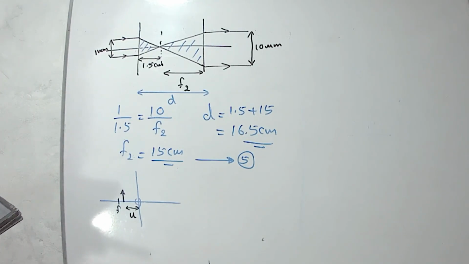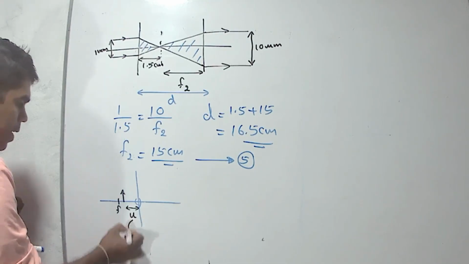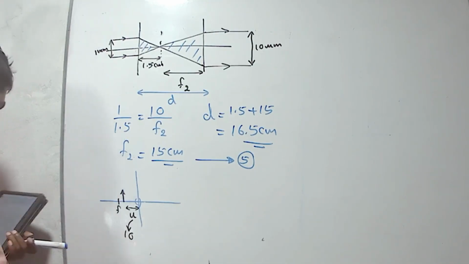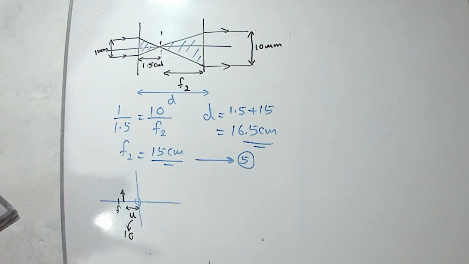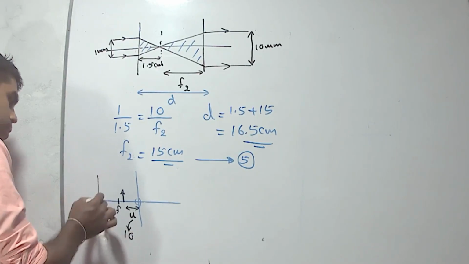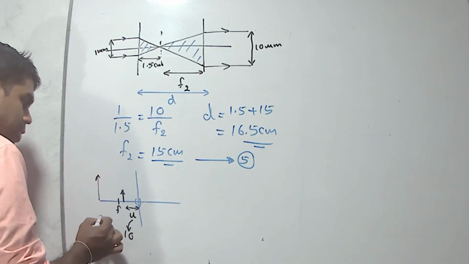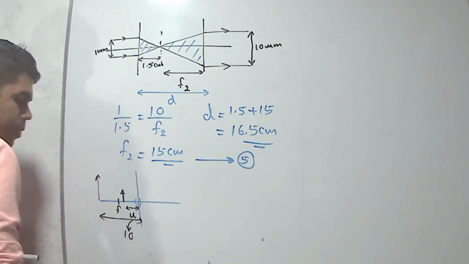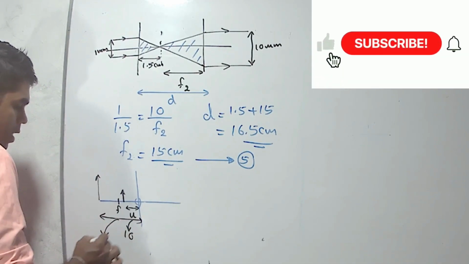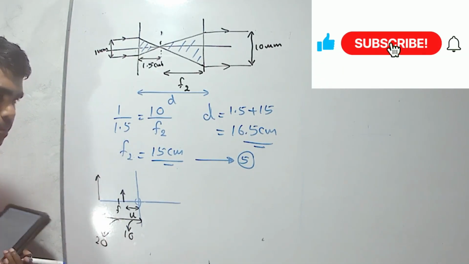They have given the object distance as 10 centimeters, and the size of the image is twice the size of the object. It means the image distance should be twice the object distance. It should be 20 centimeters.